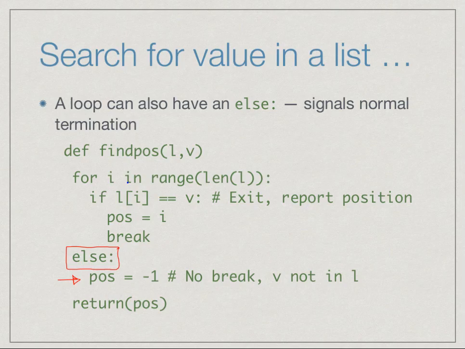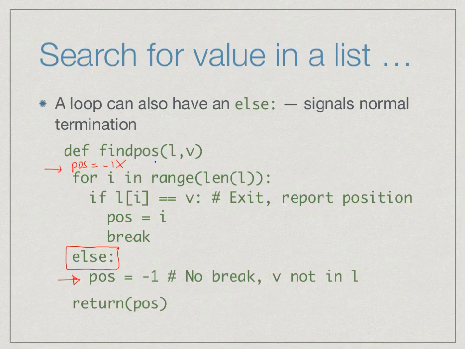So here, for instance, we don't initialize, so we no longer have this clever trick. What we say is that for i in this range, we check, and if it is there, we set the position to be the current i, and then we break. Now, if we have actually gone through this entire list and not found it, pos is undefined. So if pos is undefined, we need to define it before we return the value.